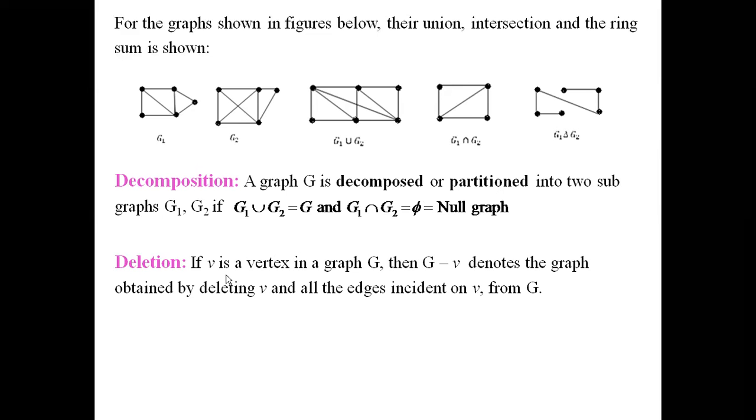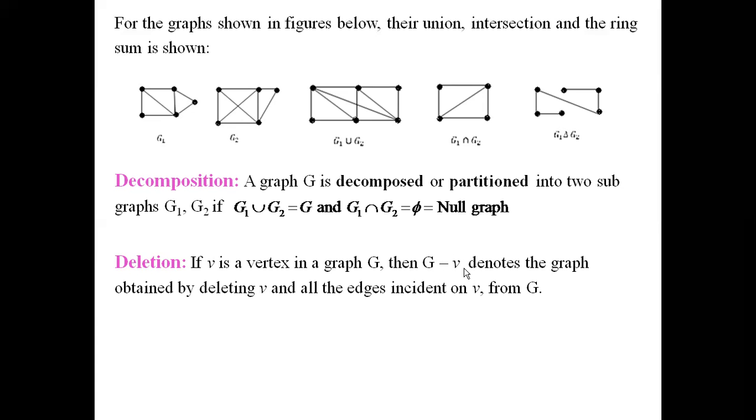Deletion. If V is a vertex in a graph G, then G minus V denotes the graph obtained by deleting the vertex V and all the edges that are incident on the vertex V from G. So G minus V represents the deletion here. We are deleting a vertex.